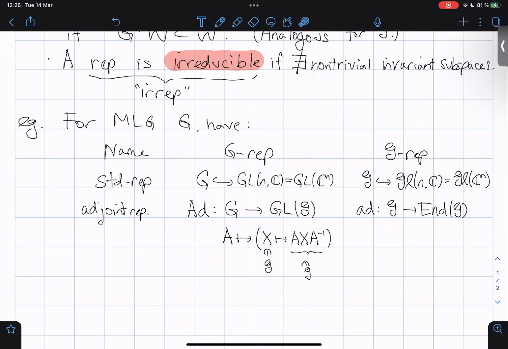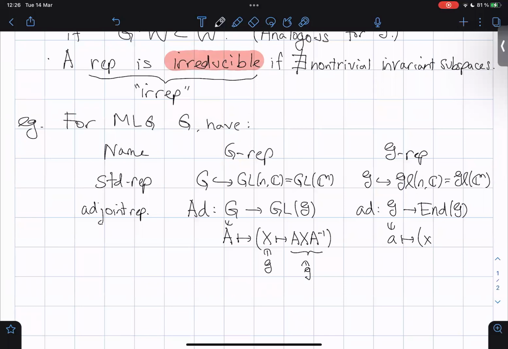For an input, I'll use little a, inside g. Given any little a, I tell you a linear transformation on g.